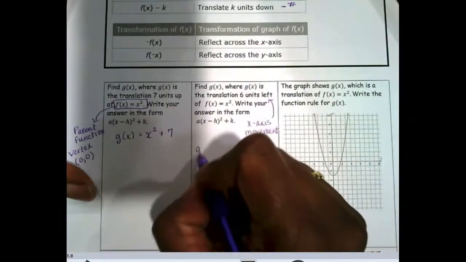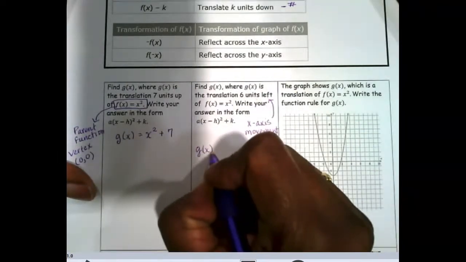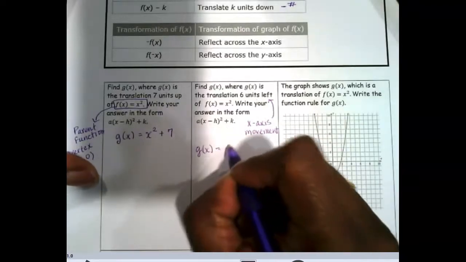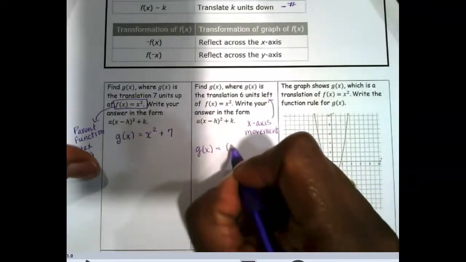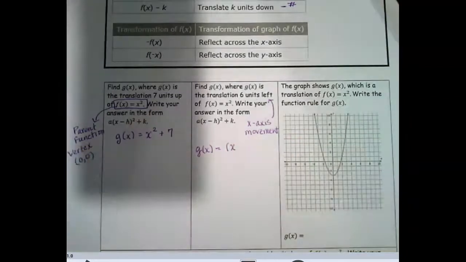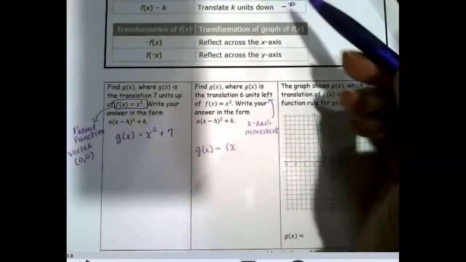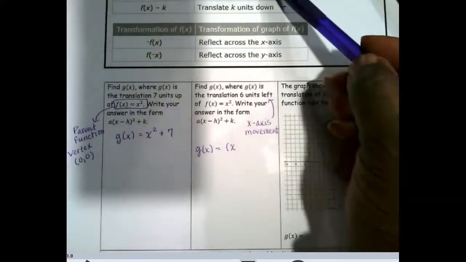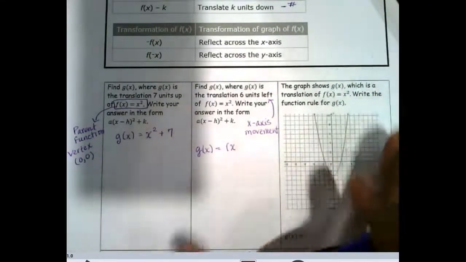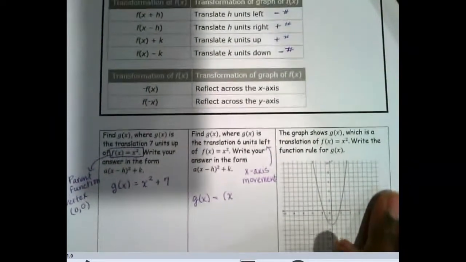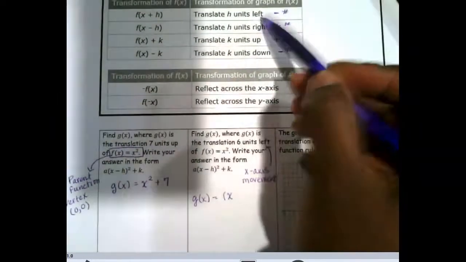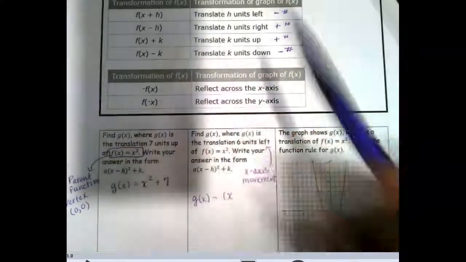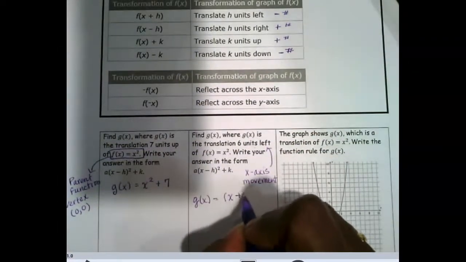Our new function is g of x, and it started out with the parent function x squared. Well, there was movement. It moved 6 units left. When it says it moves 6 units left, here we write the opposite sign. So we're going to write plus 6.